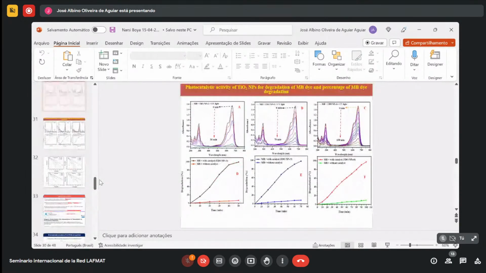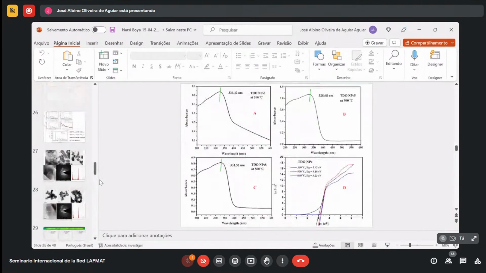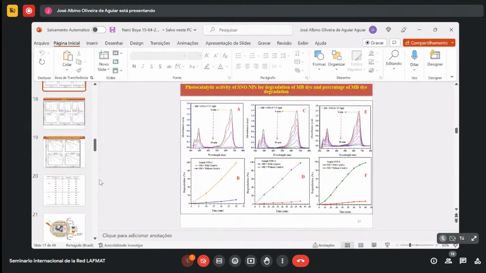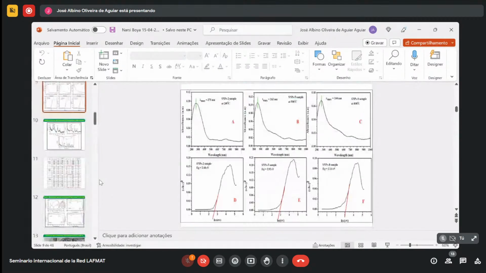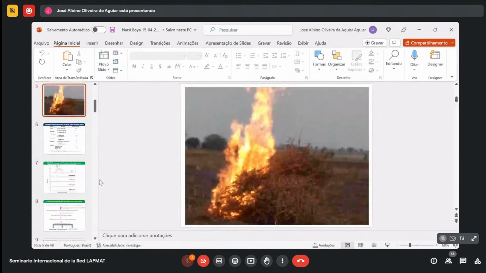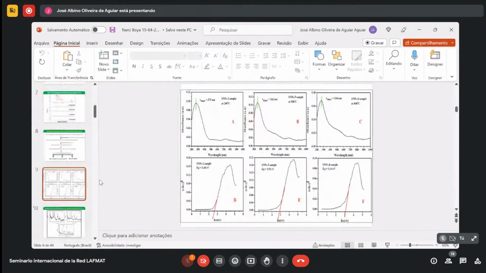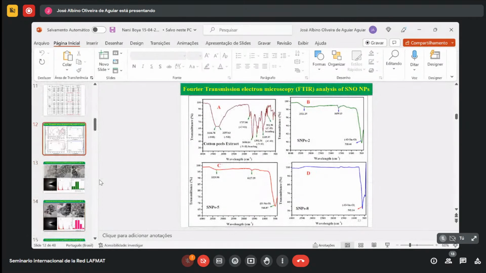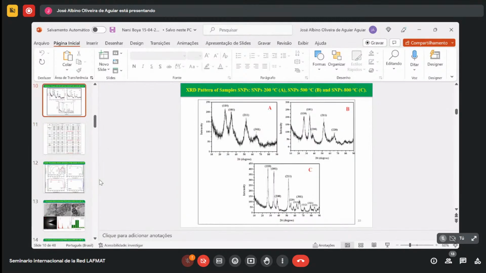I have to see if one sample is pure or has maghemite, because the 511 peak is important. X-ray diffraction spectra of the iron oxide nanoparticle magnetite. No, look at this. This is not magnetite.